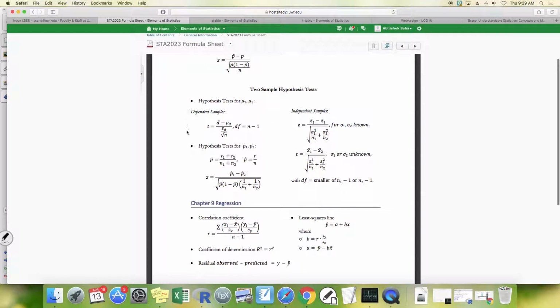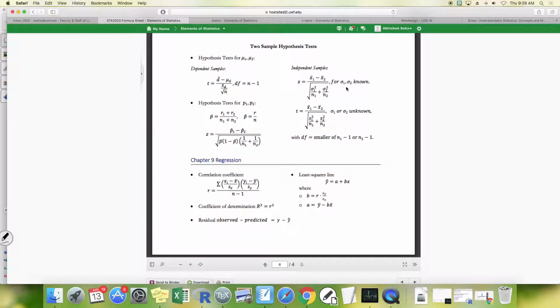And by the way, scratch this out from your table. Okay, so independent samples. So sigma 1, sigma 2 is known. So it's going to be z equals this formula.